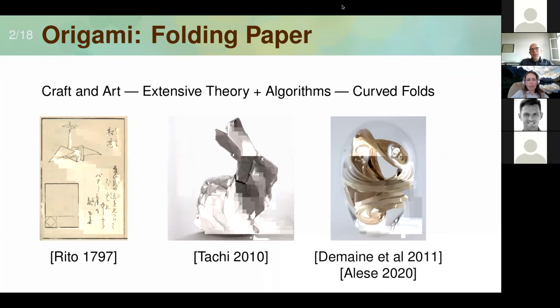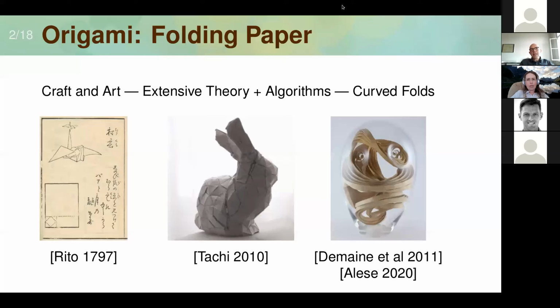I should first say a few things about origami and Kirigami, about these two words. Origami is very well known. It means the folding of paper, and it has been practiced for a long time. There is, for example, even a textbook from 1797. It has been the object of extensive theory and of algorithms.